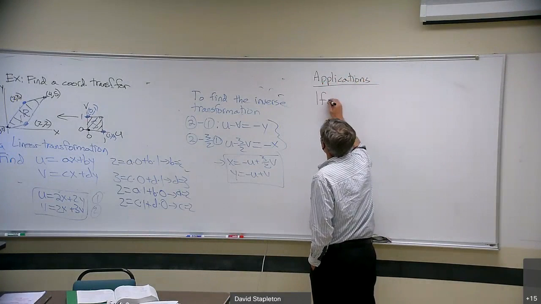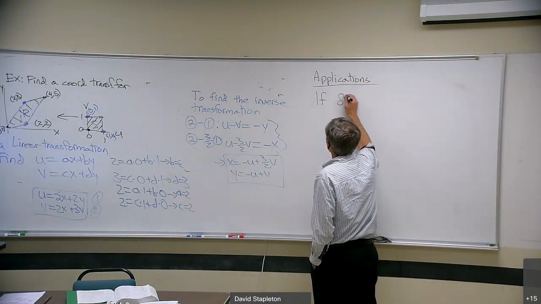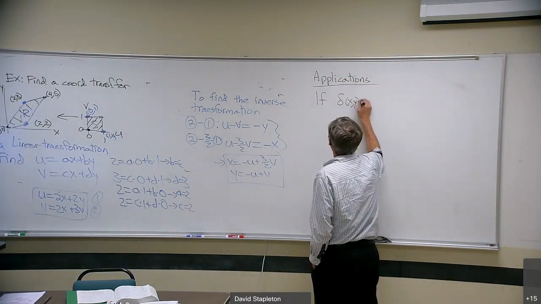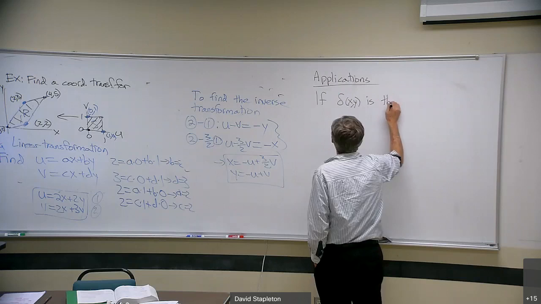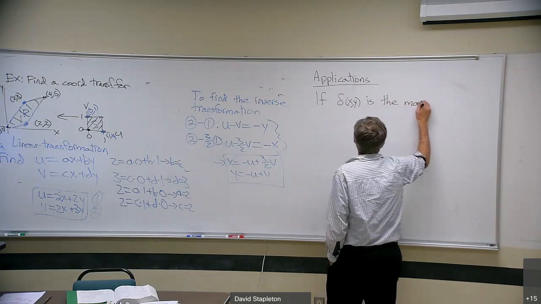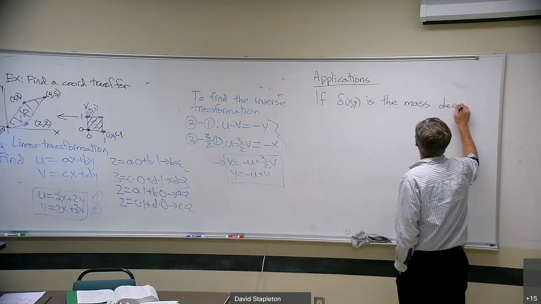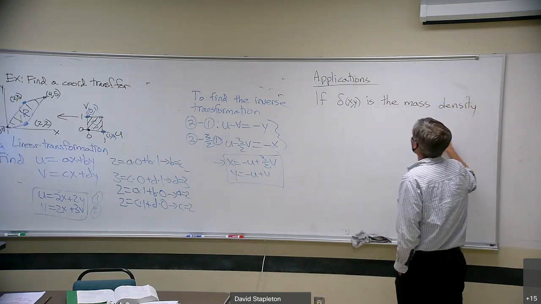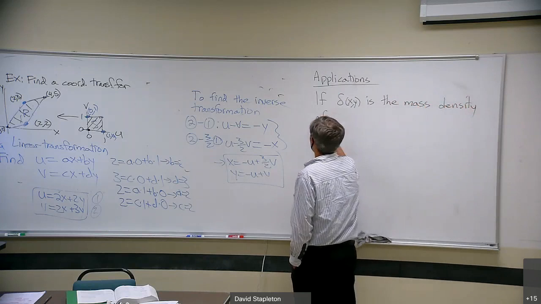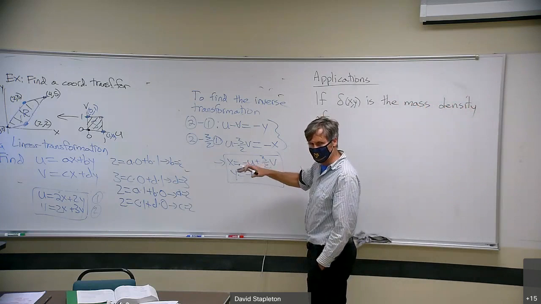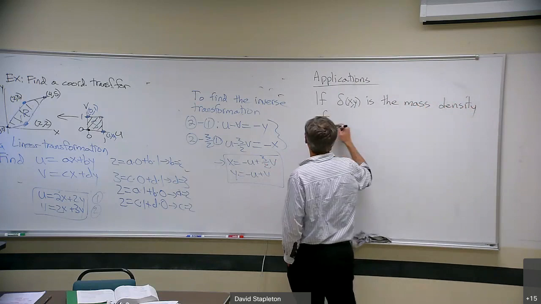Book writes it this way: if delta of xy is the density, let's say the mass density, of a lamina, meaning an object that's so thin you can treat it as a plane region, modeling it.